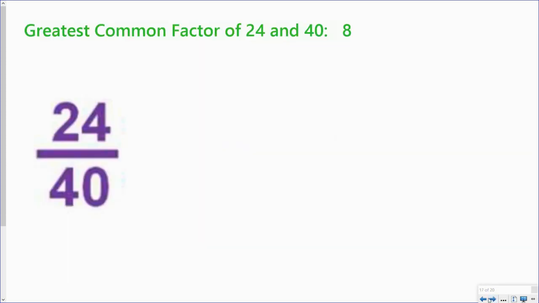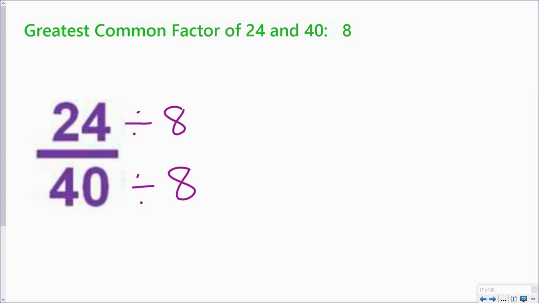So if we know that the greatest common factor of 24 and 40 is 8, then I can simplify my fraction of 24/40ths by taking the numerator and dividing it by 8 and taking the denominator and dividing it by 8. Because like we said before, we take the greatest common factor, a factor that goes into both evenly, and we divide those numbers.